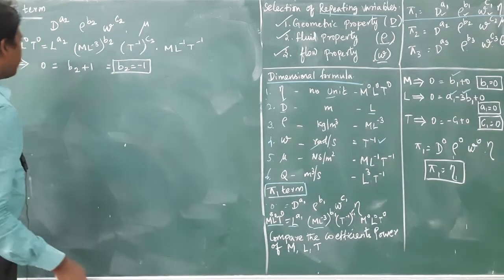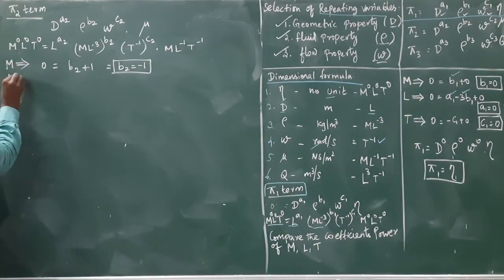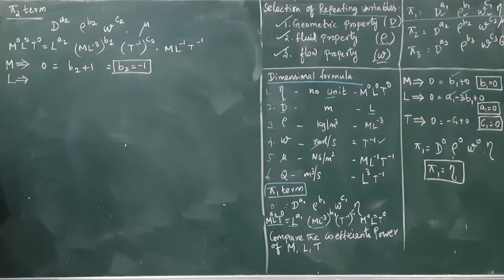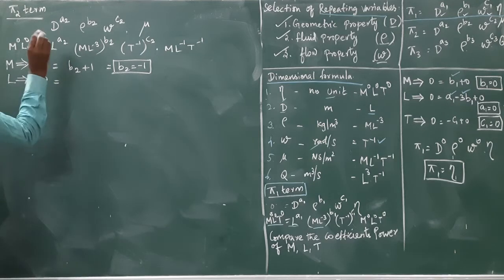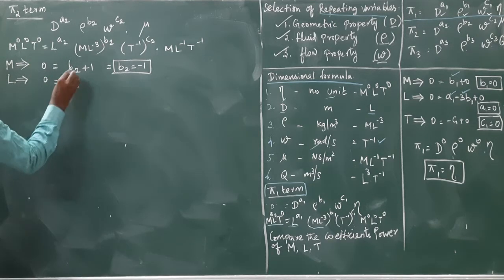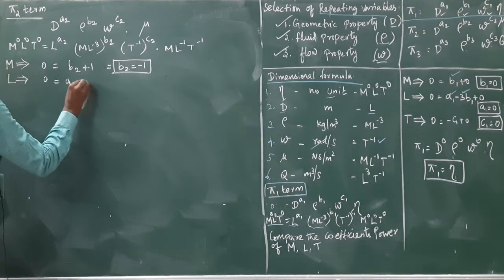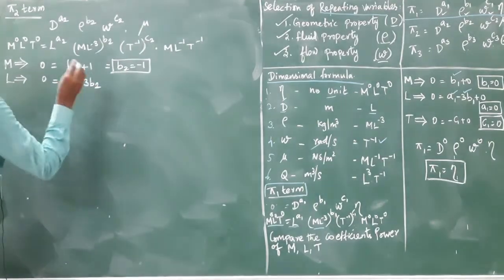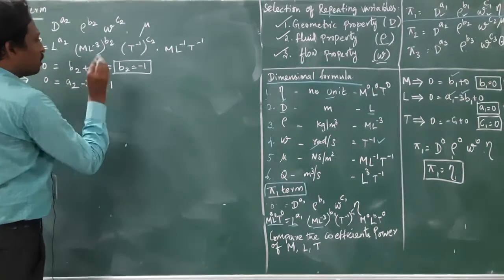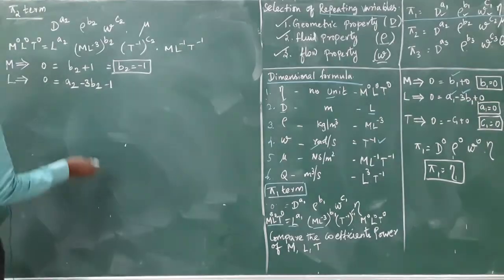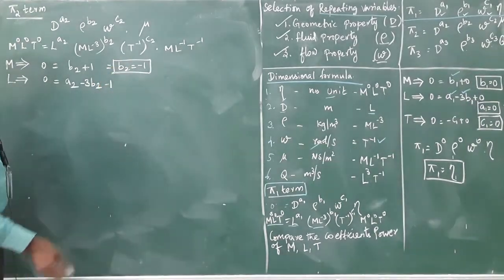Okay. Next, power of L. From this equation, left side power of L is 0. Then here L power is a2. Here L power is minus 3 b2. Here there is no L term. Here L term is minus 1. We already know the value for b2.